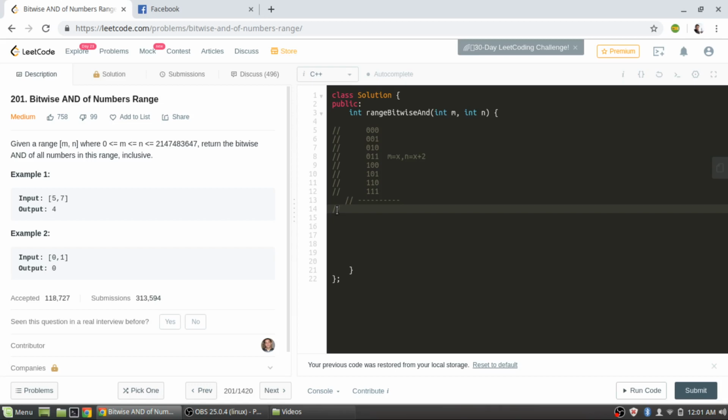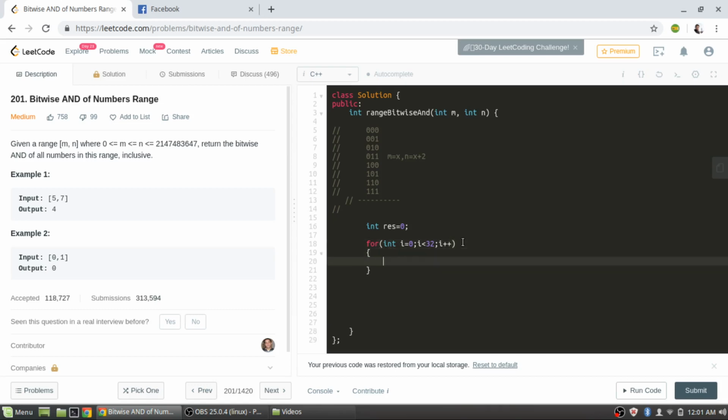So what I'm saying is that, let me explain with the code itself. So let me make a variable result. So in the result I'll be having 0. So this essentially would be the result of adding all the numbers from m to n, right? So as there can be 32 columns, let me write a for loop for 32, right?